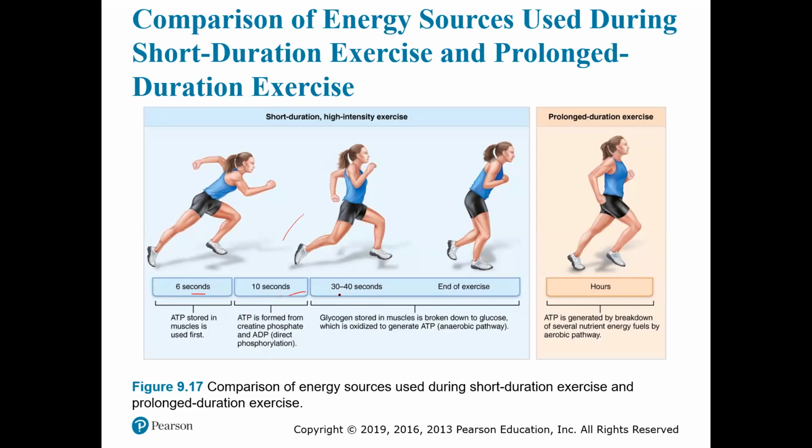And then more glycogen keeps getting released and you get more glucose. And then you stop the exercise. So that's all anaerobic, short duration, like a sprint, or doing reps of squats for 10, 15 reps. But then if it's prolonged, it's more about your aerobic pathways, your Krebs cycle, your electron transport really makes most of the ATP.